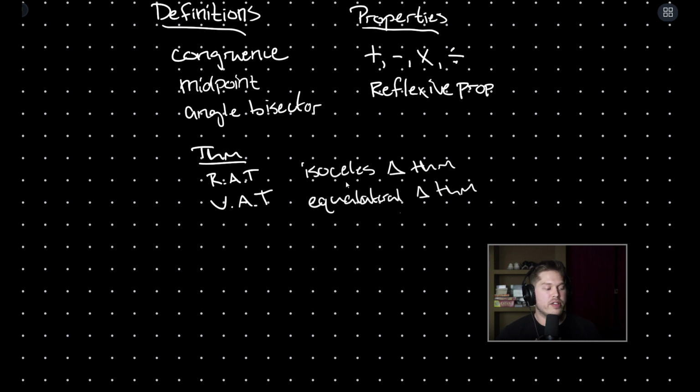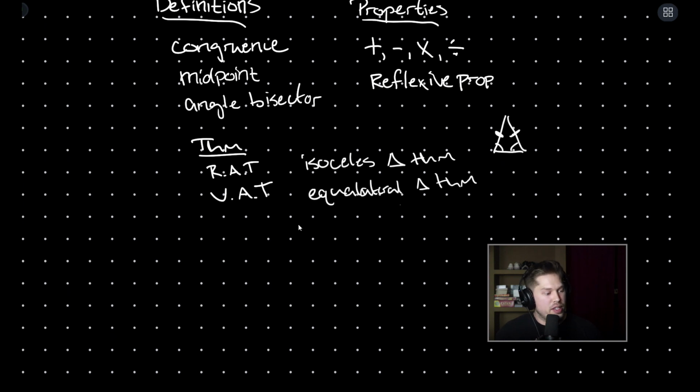If you know what an isosceles triangle or an equilateral triangle is, you pretty much know what these theorems are. The isosceles triangle theorem just states that if within a triangle you have two angles that are equivalent, then you have an isosceles triangle, and by the definition of isosceles triangle, the sides opposite of them are congruent.